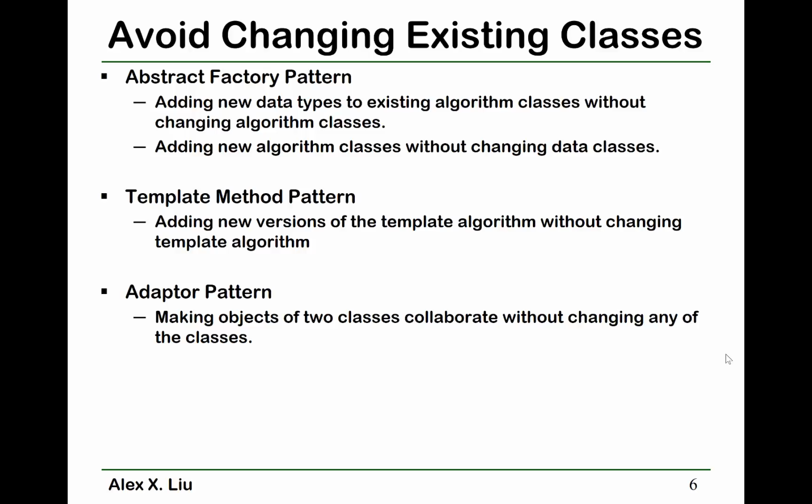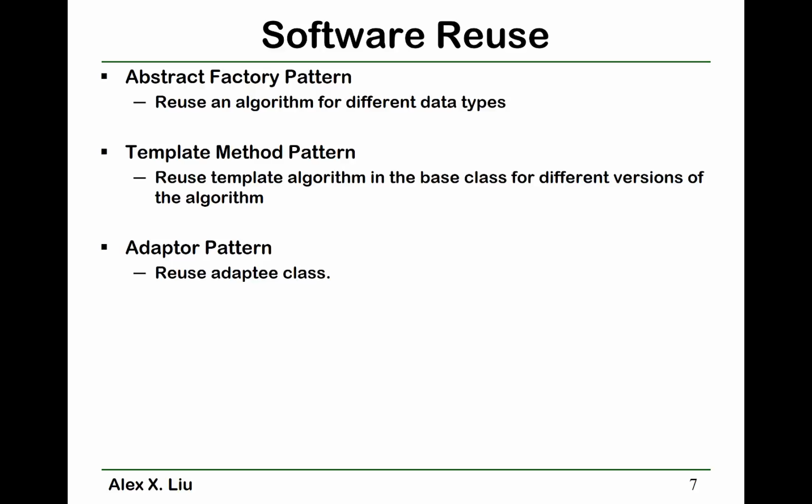And for the adapter pattern, we can make objects of two classes collaborate without changing either class. Originally, they cannot work together, so instead we make a new class. This class will inherit from both the existing data class and the interface, and use the data and the functions in the existing class to implement these interfaces.